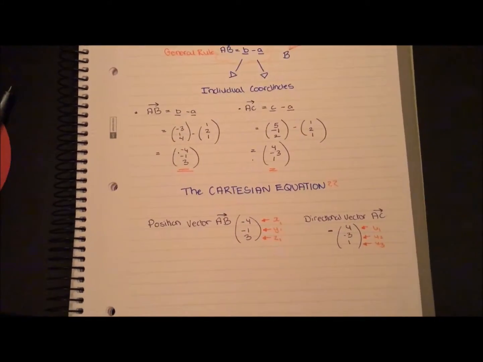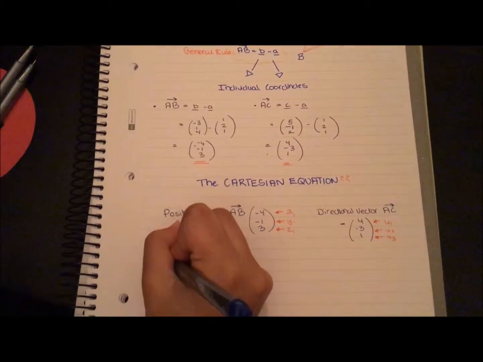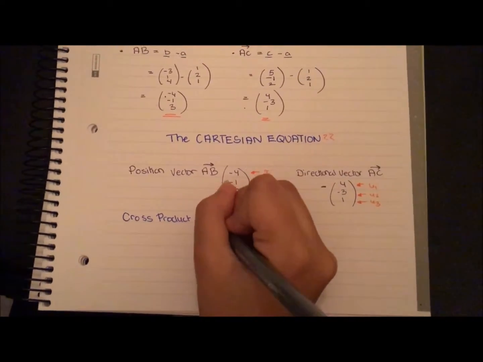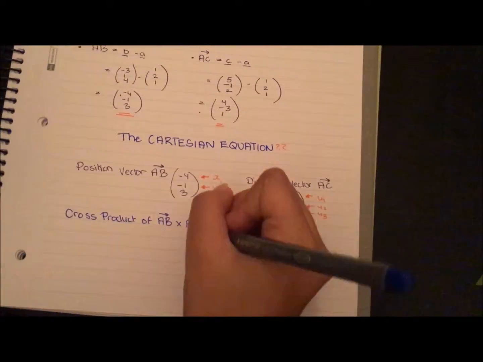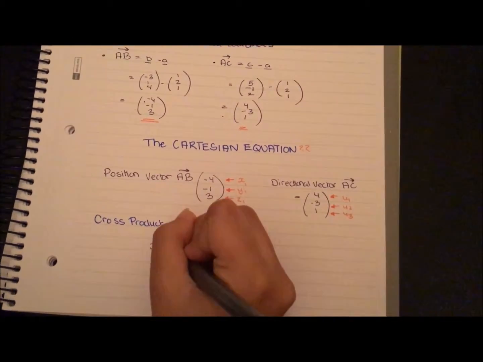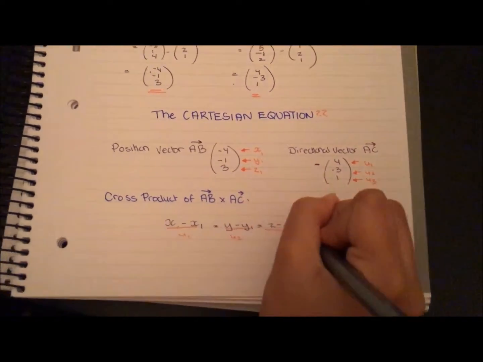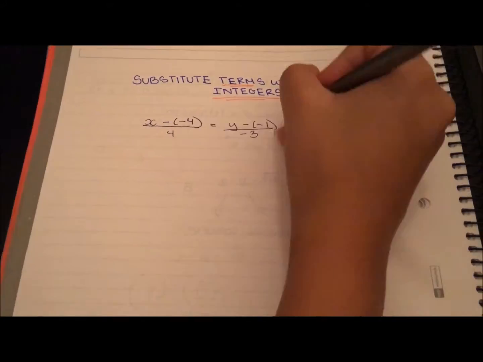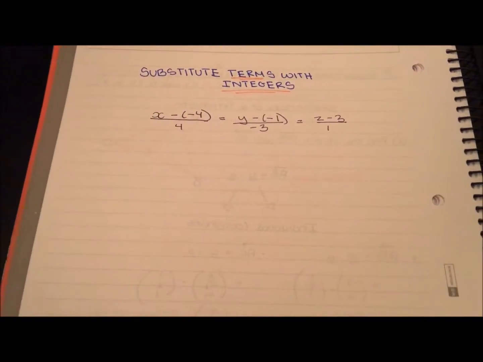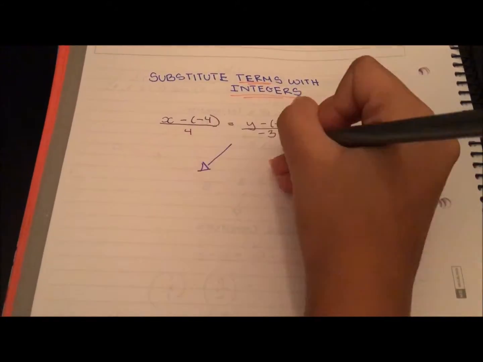Hence, we are able to formulate the general equation, which could be seen as the cross product of AB and AC is equal to (x minus x1) divided by u1, (y minus y1) divided by u2, and (z minus z1) divided by u3. We are able to substitute our labeled integers as given.